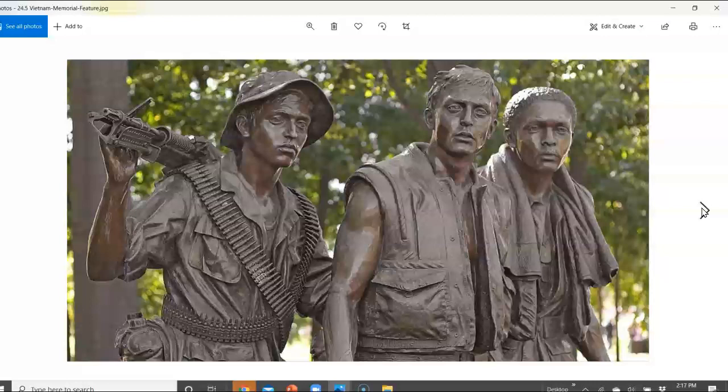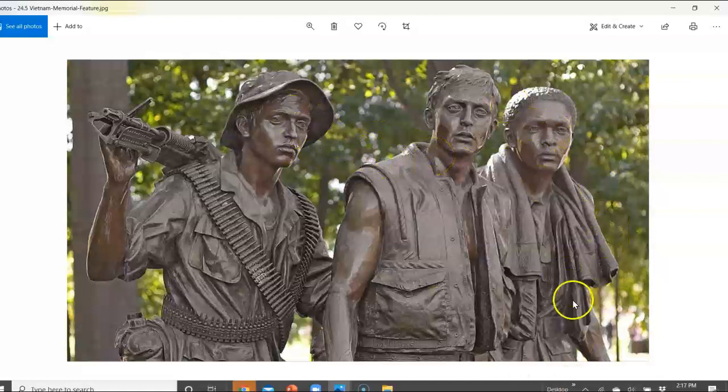And here's another piece. This is a memorial to the Vietnam War. Not one of our high points particularly. You look at the eyes of these soldiers. I mean, none of them, they're tired.